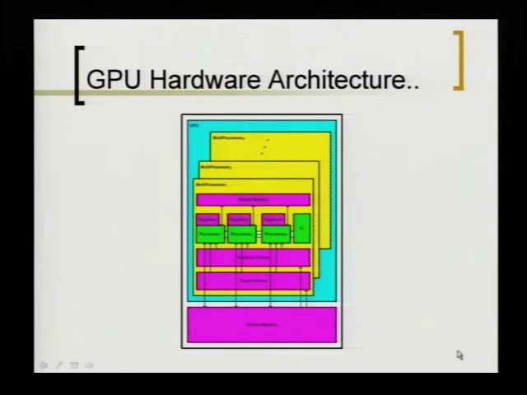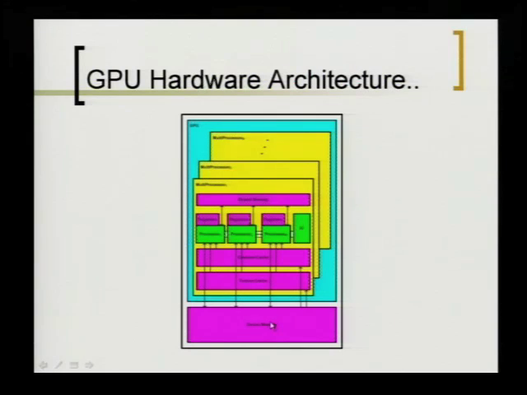And this is a simple diagram of how the processing resources are organized on the GPU. So the device memory is global. Every thread processor can talk to device memory. Now, the bank of thread processors is organized in a sequence of multiprocessors.